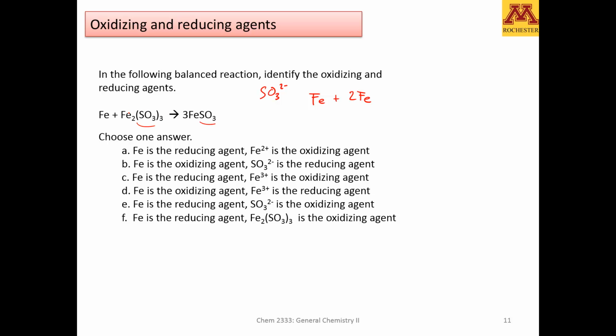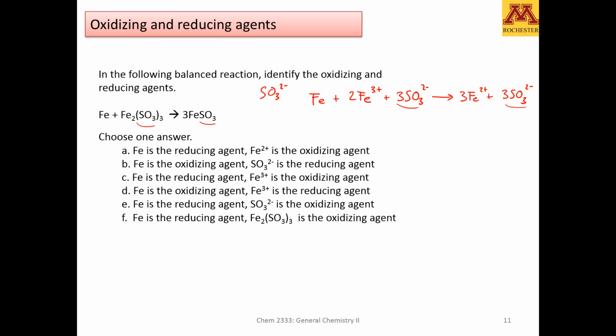If you think about it, the charge on the iron here should be 3+, and you have 3 sulfites. And in here you have 3 iron 2+ and 3 sulfites. You have 3 sulfites here, 3 sulfites there. These are spectator ions. We should not care too much about them because they do not change their oxidation state.